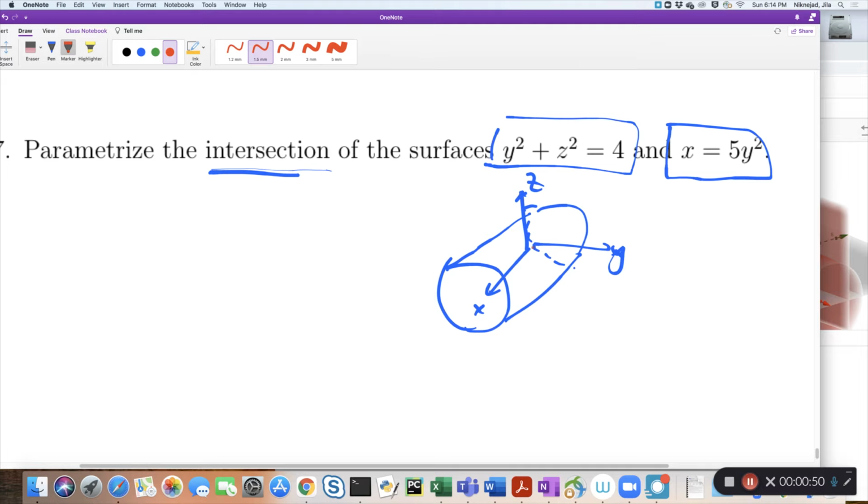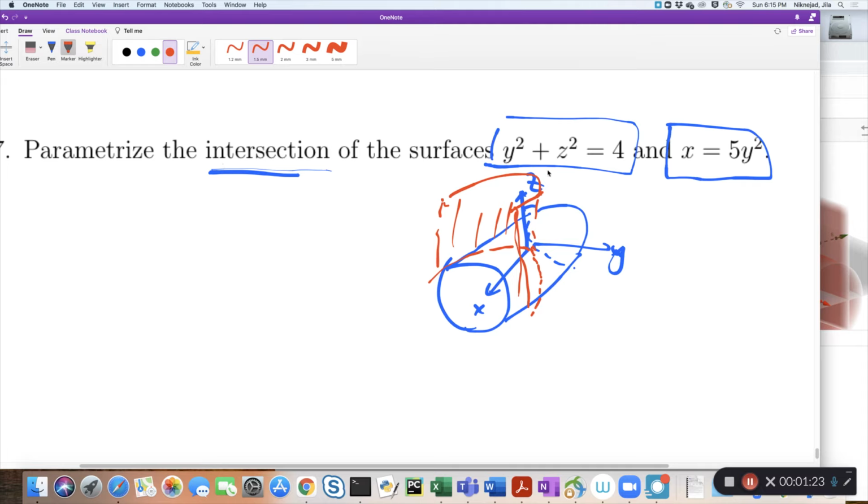That's x equal to 5y squared, and you go up and you go like that. So basically it looks like that sort of a cylinder sitting on top of that.